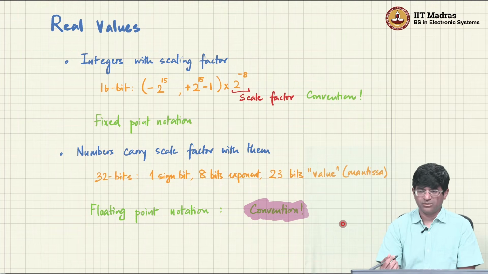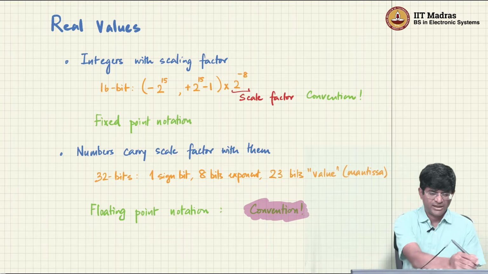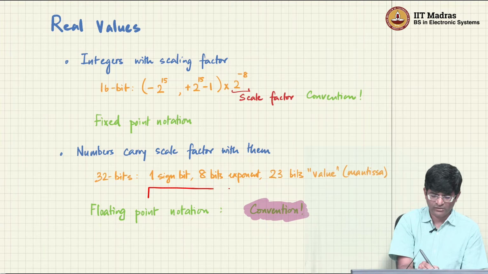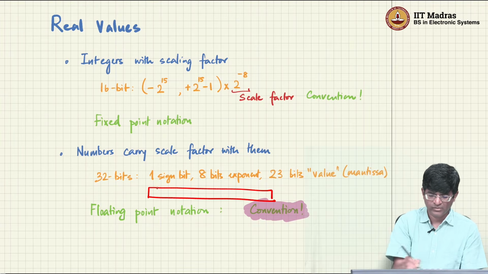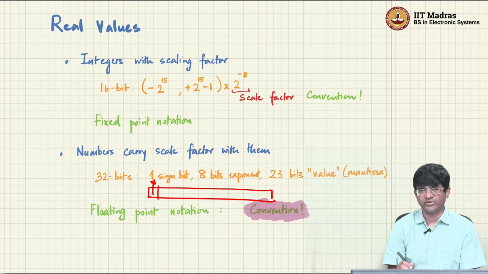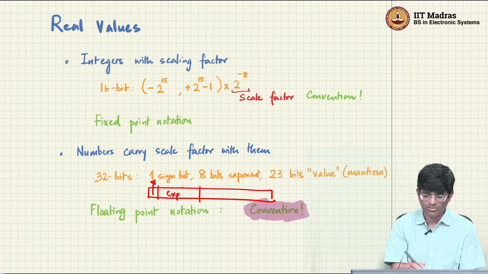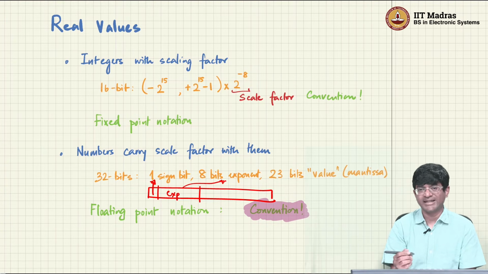Once again, convention. What we do, for example, is to say that if I have a 32-bit value, I'll take the first 1 bit and say that this represents whether the number has a sign or not. I'll take the next 8 bits and call it the exponent. This is the equivalent of the 10 power 8 or the 10 power minus 23, except that it will be 2 power something.